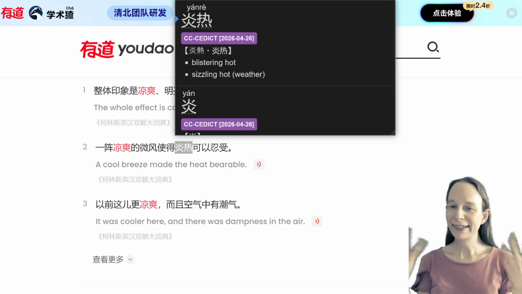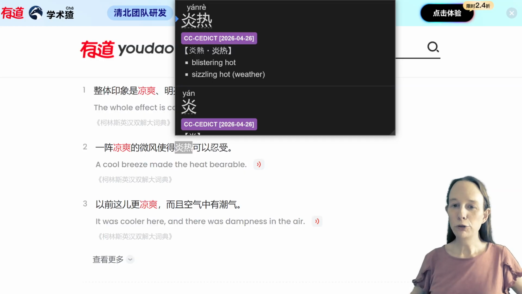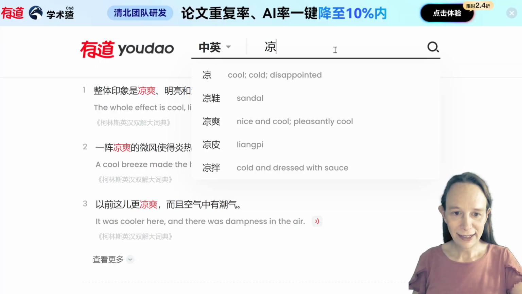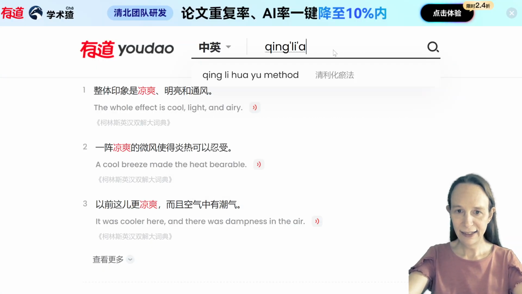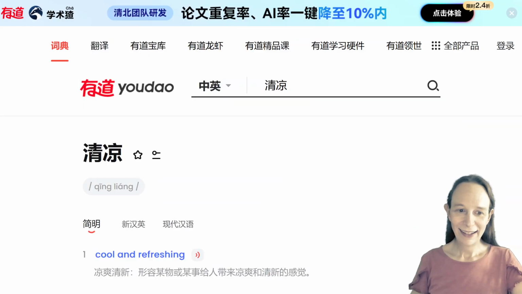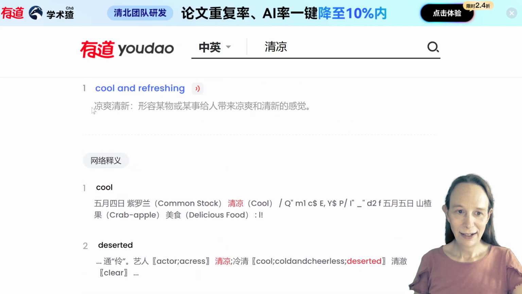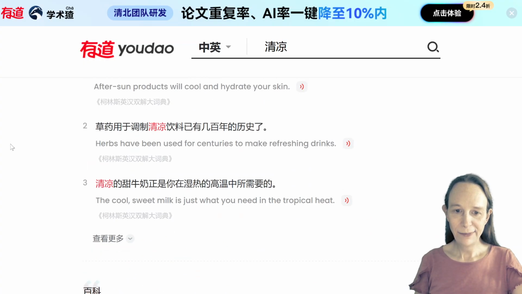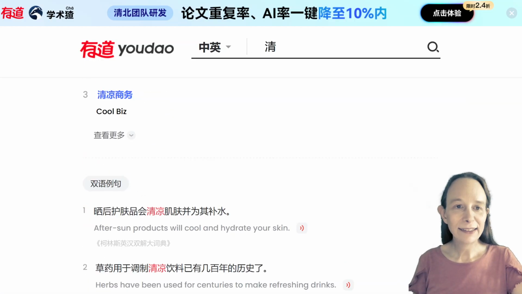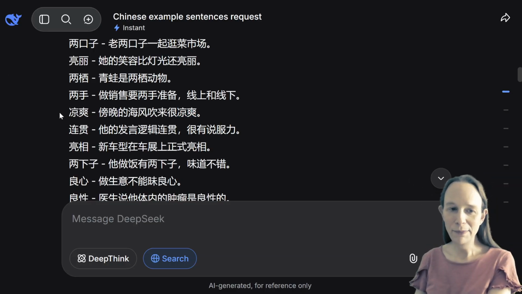It's like a cool breeze, like 凉爽, right? There's a few other ones. 凉 is it 清凉? 清凉 cool and refreshing. 凉爽清新. No. Anyway, 凉爽.